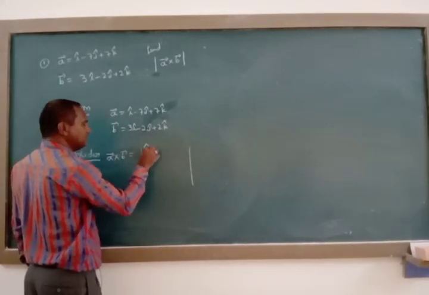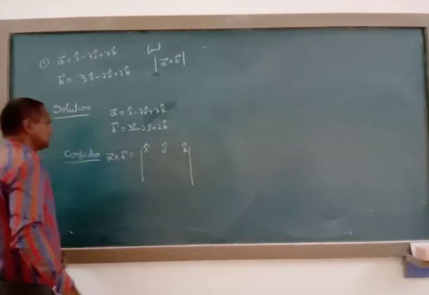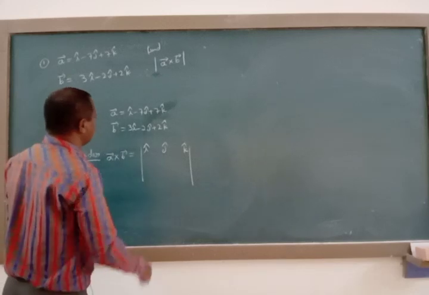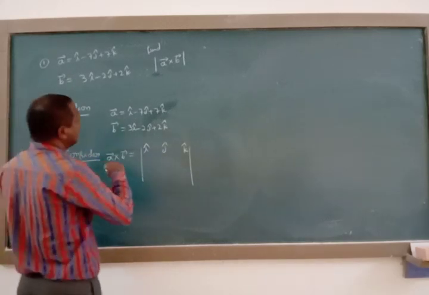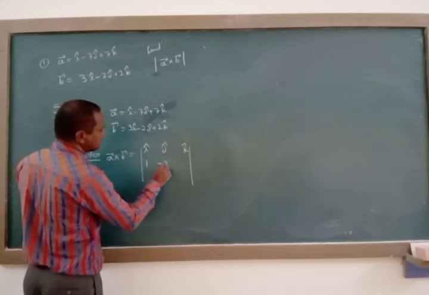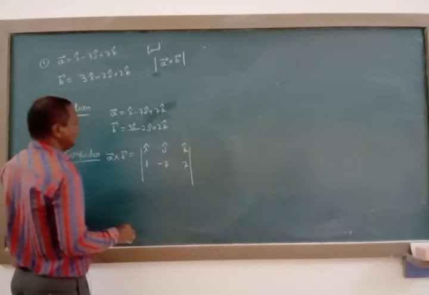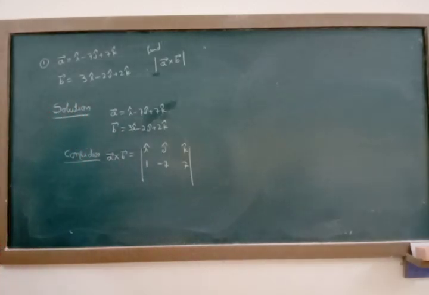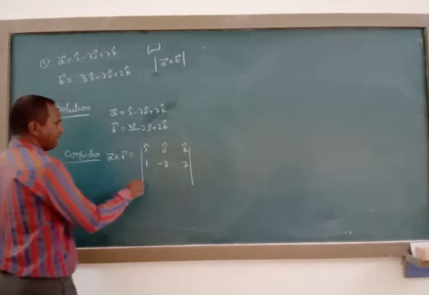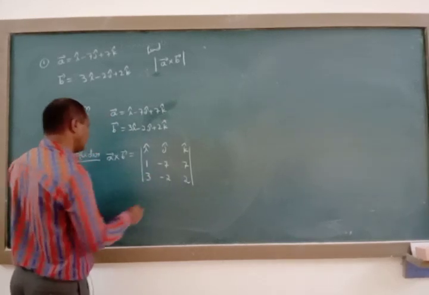First row is written by the basic unit vectors: i cap, j cap, k cap. Second row is written by the coefficients of i cap, j cap and k cap from the first vector: 1, minus 7, plus 7. The third row is written by the coefficients of the second vector: 3, minus 2, plus 2.